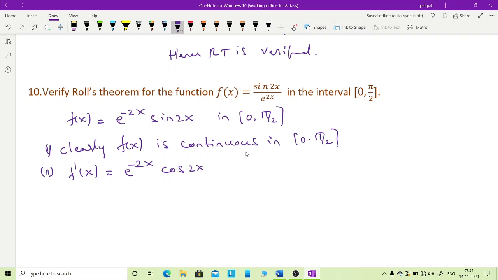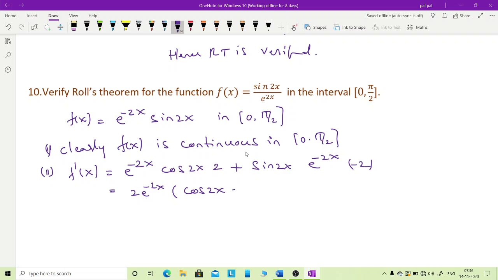That is the differentiation of sin; now differentiate the function inside sin, 2x, which gives 2. Plus, keep sin 2x as it is. Differentiation of e to the power of minus 2x is e to the power of minus 2x into minus 2, which is equal to, here you take 2 into e to the power of minus 2x as common factor.